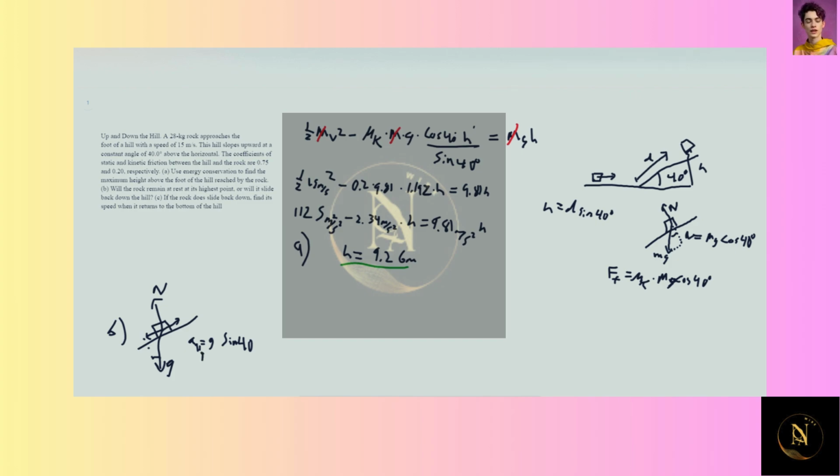Then we have the force acting on the block due to the coefficient of static friction times the normal force. The force due to gravity is equal to m times g times sine 40. And then the friction force is equal to mu sub s times mg cosine 40, that's the normal force.